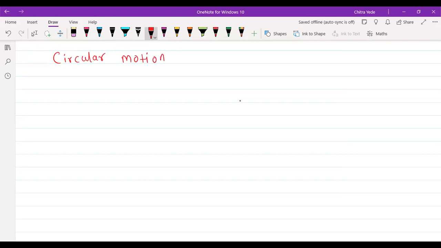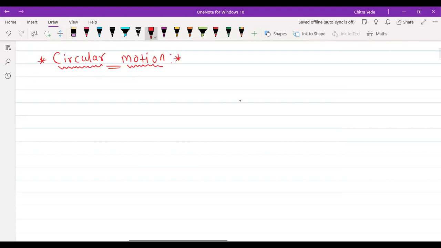We also have rate of change of velocity. Rate of change of velocity is nothing but acceleration. Okay, circular motion.